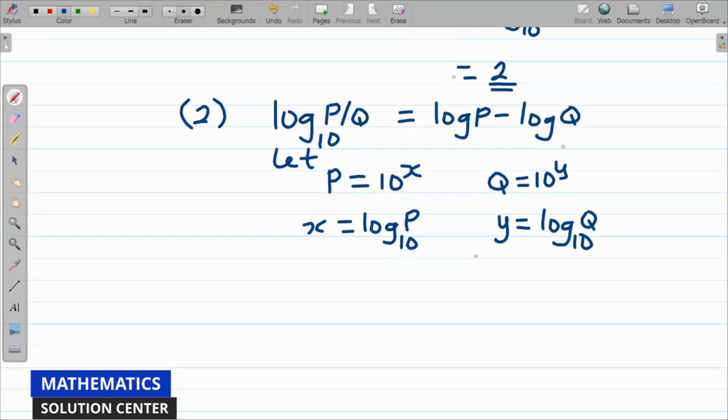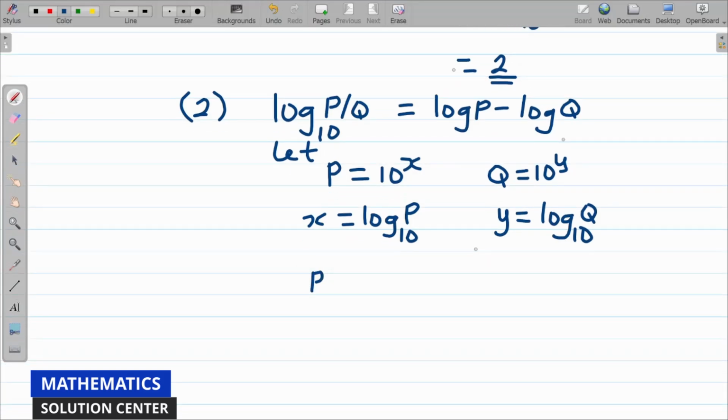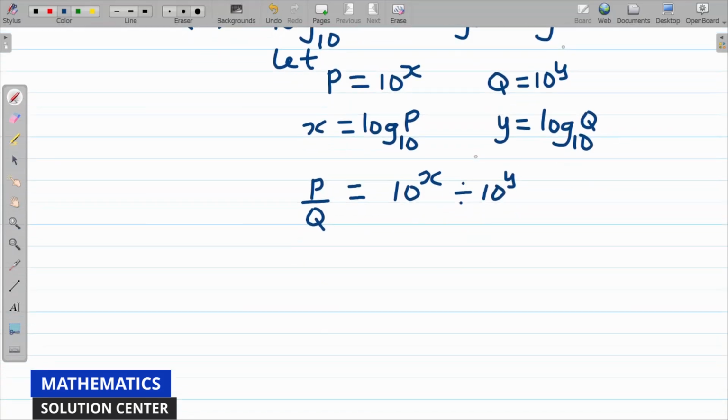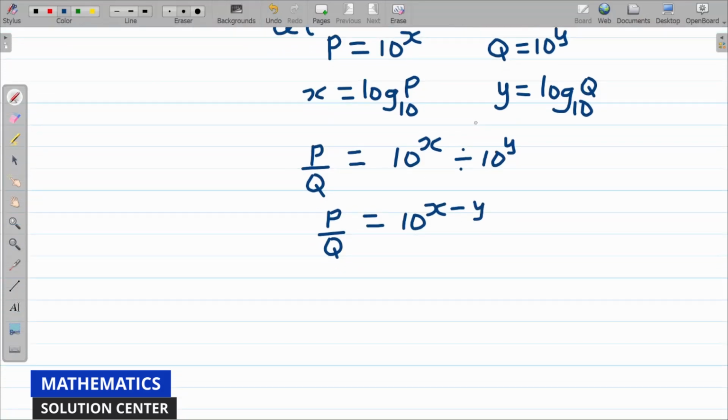If you look at the expression, we have p over q. So let's evaluate p divided by q. What is p? p is 10 raised to the power x, divided by 10 raised to the power y, which is the value of q. Evaluating this, we have p over q equal to 10 raised to the power x minus y. We're still applying the law of indices there. So we can see this as a single term, and x minus y is the power of 10. So we can apply that conversion of an index expression into a logarithmic equation.